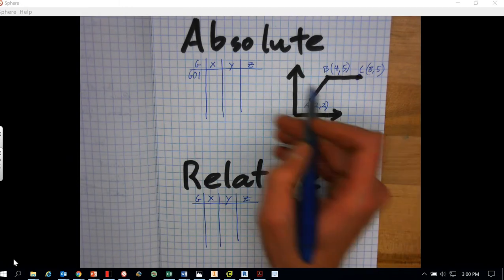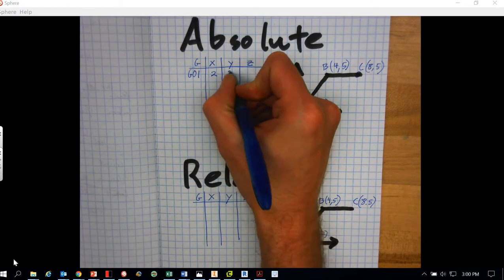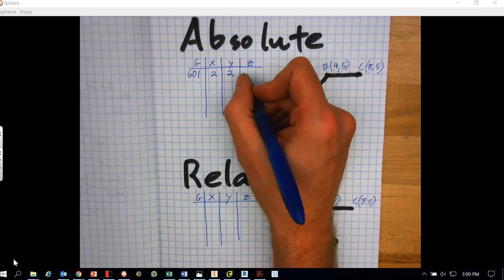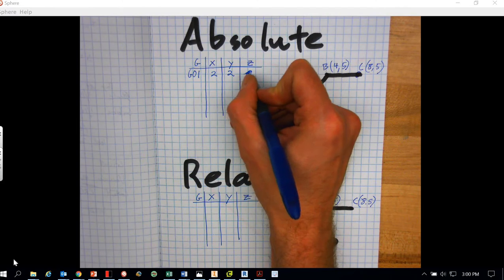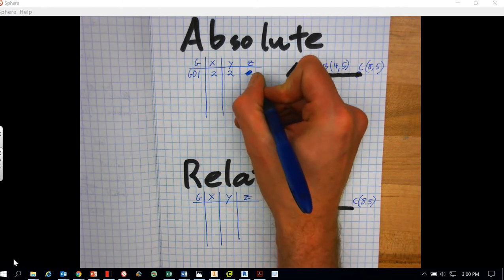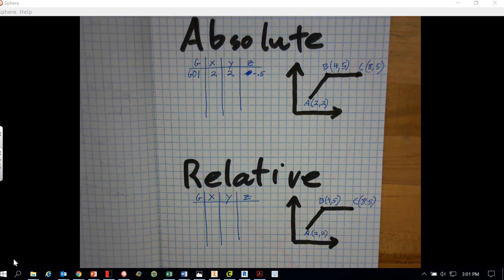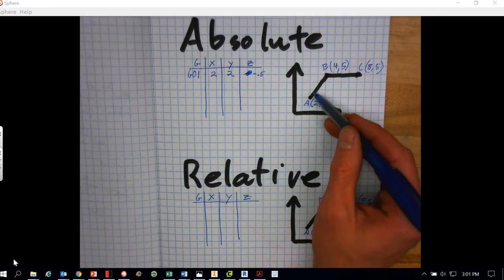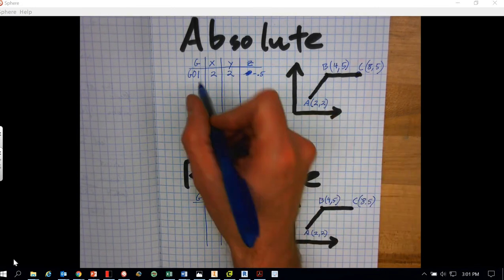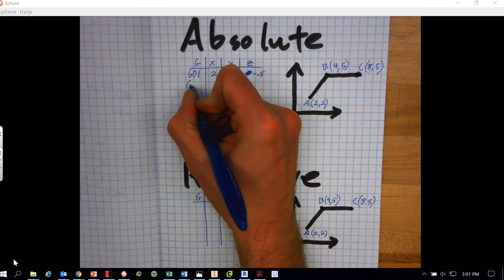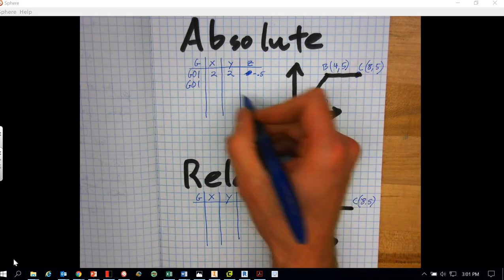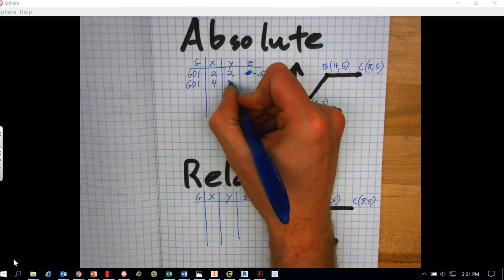Okay, and so we'll say that we started at 2, 2. Actually, sorry, 2, 2, we'll call it negative 0.5. Okay, so we're in the part, negative 0.5. And we want to go from here to here. Well, the next one that you would put in would be point B, and it would be G01, and you would say 4, 5.